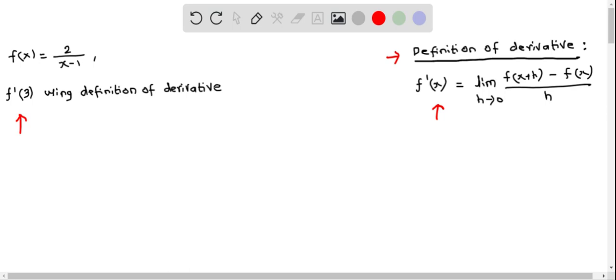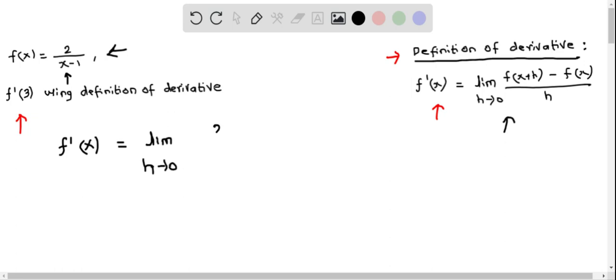So let's use this definition of derivative to find f prime of x. I put the limit as h approaches 0, and then we have f of x plus h minus f of x, over h. We have been given f of x as 2 over x minus 1, so this is basically a rational function. To find f of x plus h, all that we do is in place of x, we replace it with x plus h.